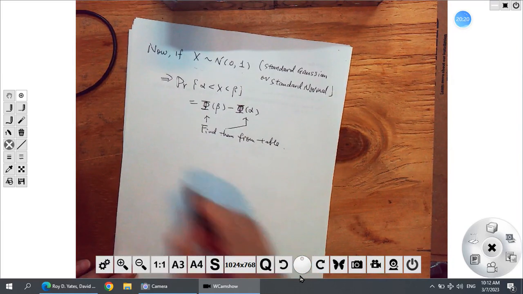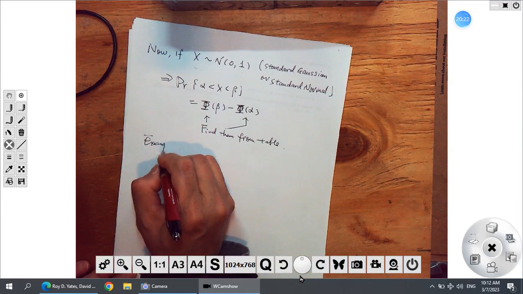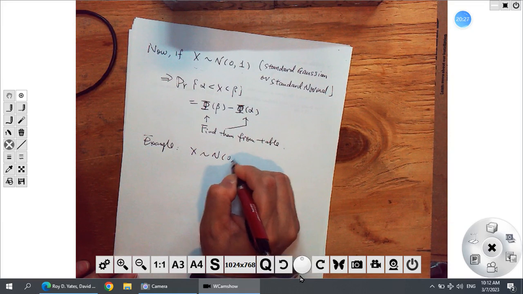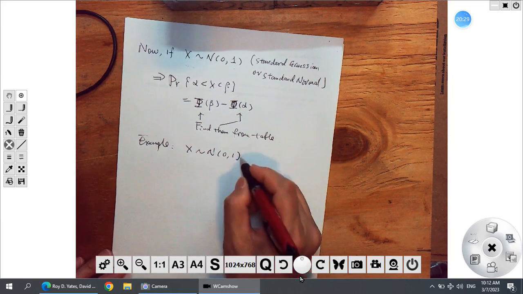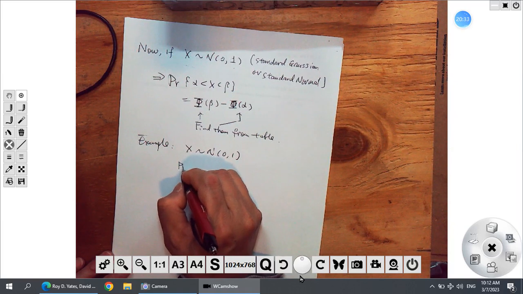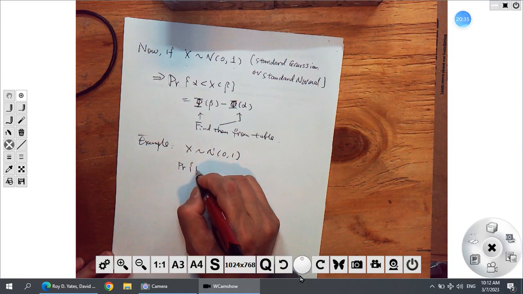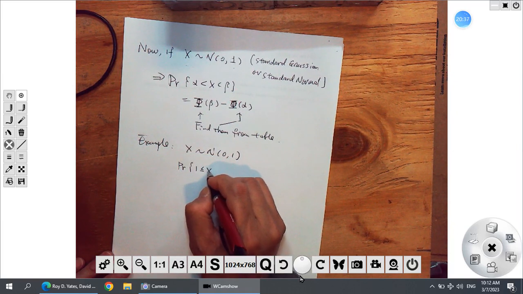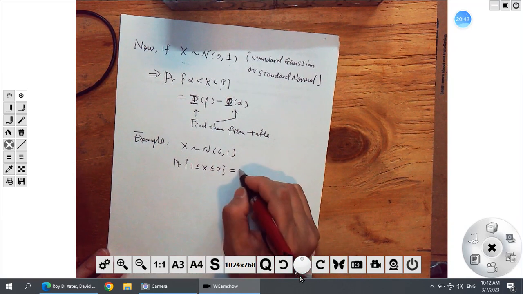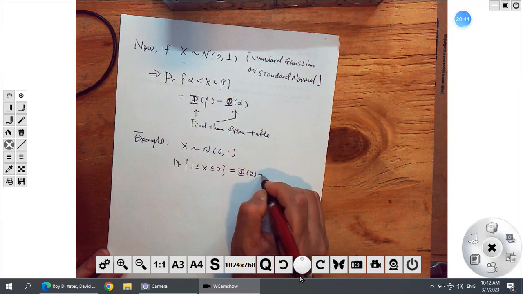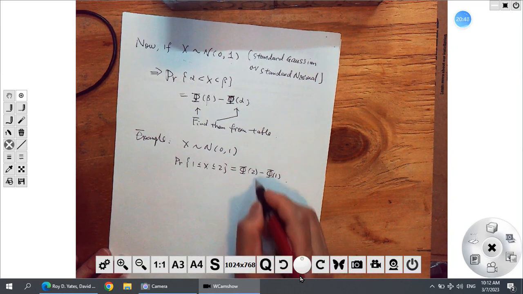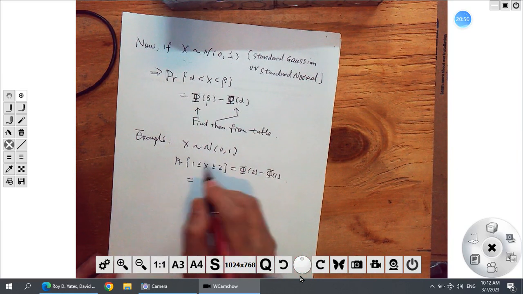Okay, example. X is normal with the standard parameters 0 and 1, and we want the probability of 1 smaller than or equal to X smaller than or equal to 2. What is this probability? It is just phi 2 minus phi 1. And for phi 2, we need a table.